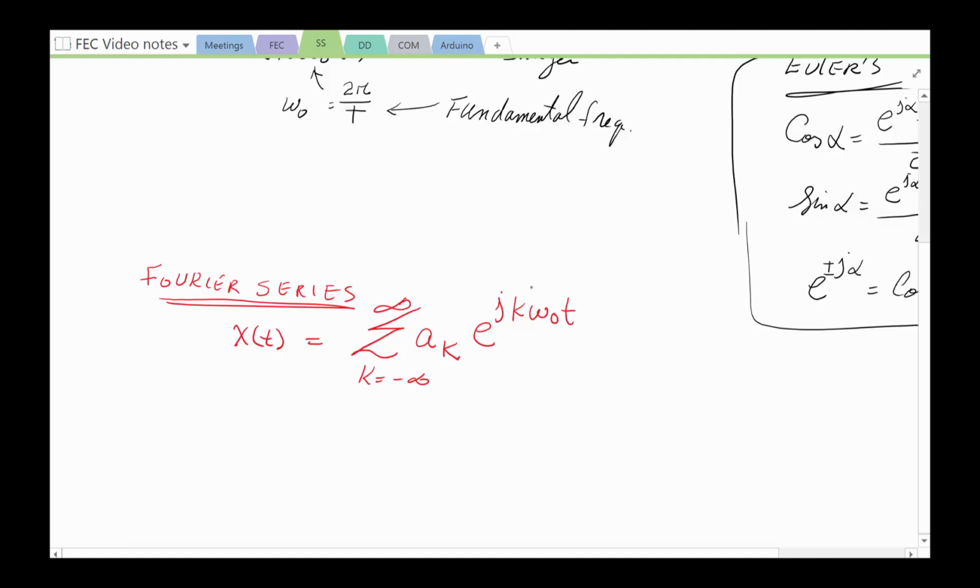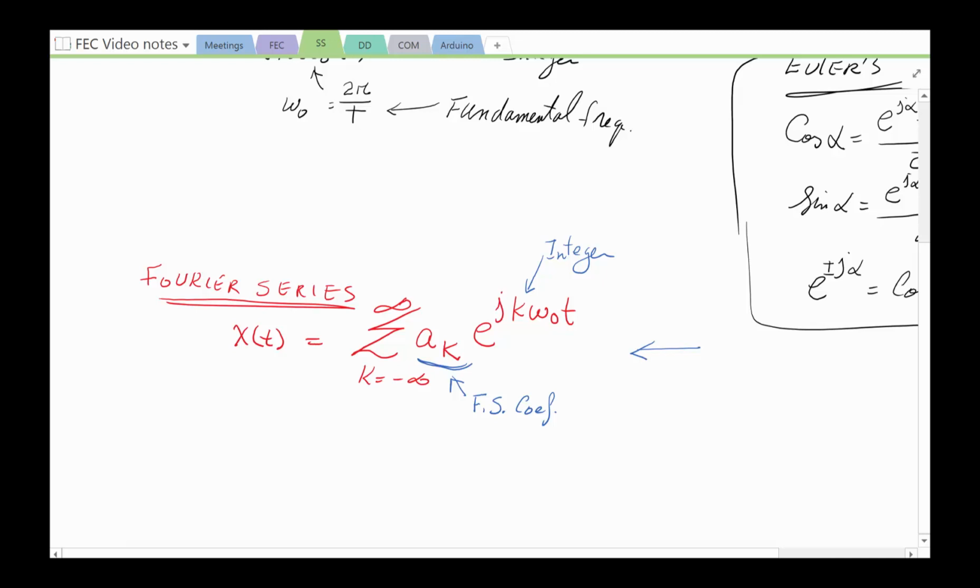Again, remember k is simply an integer, and you can see that the integer in this sum goes from minus infinity to infinity, and then j is just saying this is a complex number basically, and a of k is referred to as the Fourier series coefficient. Okay, and this equation is very important.